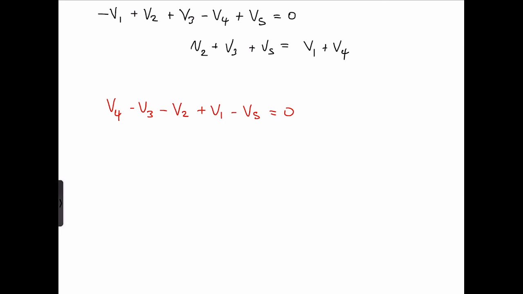We can manipulate this again. So V4 plus V1 is equal to V3 plus V2 minus V5. Well, that should be plus V5.